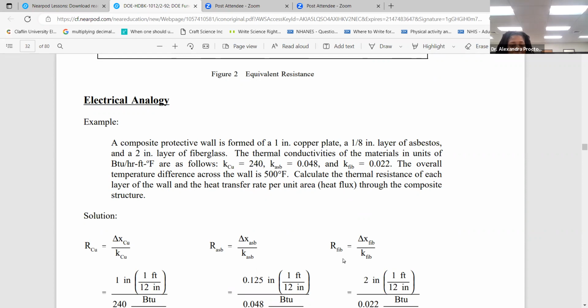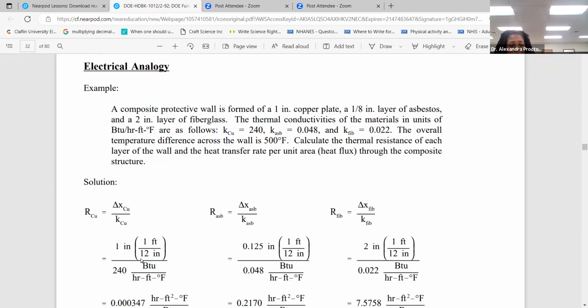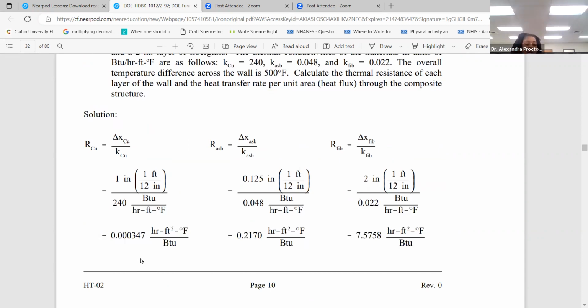So what you see is that they have the equations for resistance for each of the different components. R of copper is equal to delta X of copper over K of copper. R of asbestos is equal to delta X of asbestos over K of asbestos. And R of fiberglass is equal to delta X of fiberglass over K of fiberglass.